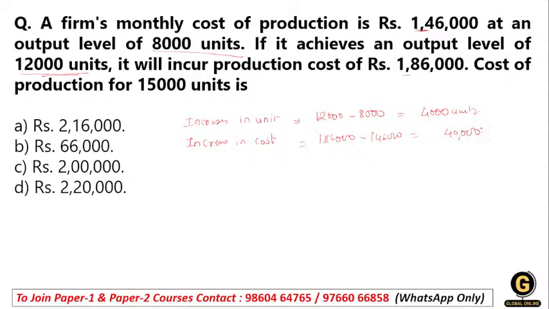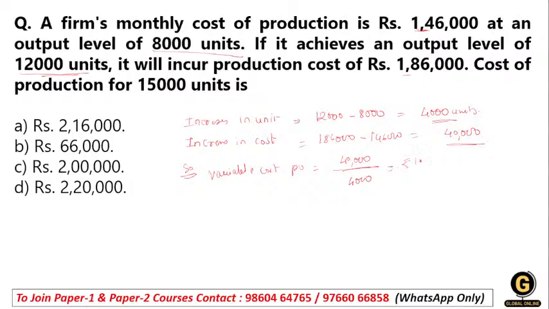Here you can say that is variable cost; you have to calculate the variable cost per unit. You know that 40,000 is your rupee amount, and you have to divide it by your unit number 4,000, so you will get the variable cost per unit.